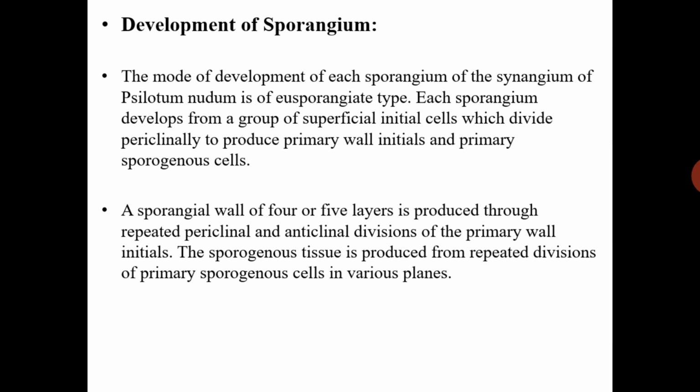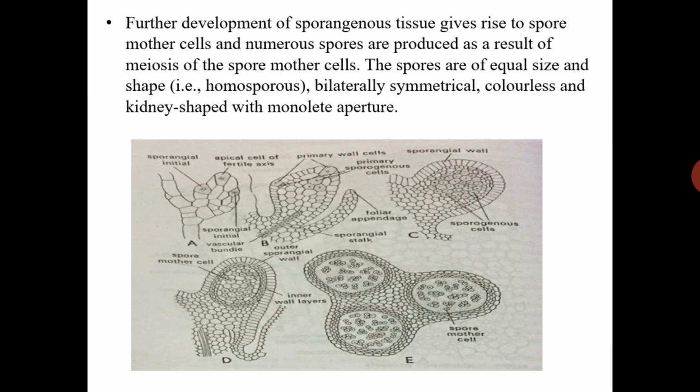In the beginning of the development of the sporangia, it is of the eusporangiate type. The sporangial wall of 4 or 5 layers is produced through repeated periclinal and anticlinal divisions of the primary wall initials. So here the primary wall initials again divide periclinally and anticlinally. The sporogenous tissue is produced from repeated divisions of primary sporogenous cells in various planes. So here you can see in a diagram.